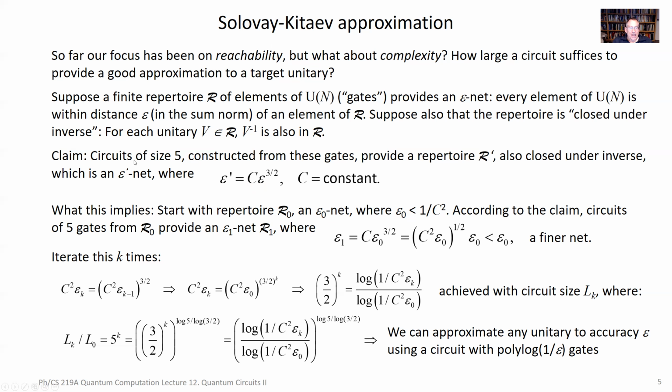What this claim says is that if I construct circuits of 5 gates from the repertoire R0, that's going to give me an epsilon 1 net, and epsilon 1 will be c times epsilon 0 to the 3/2. I can write that as c times epsilon 0 to the 1/2 times epsilon 0. So under my assumption that epsilon 0 is less than 1 over c squared, this is a number less than 1 multiplying epsilon 0. And so epsilon 1 will be strictly less than epsilon 0. And I have my finer net. And then I just keep doing that.